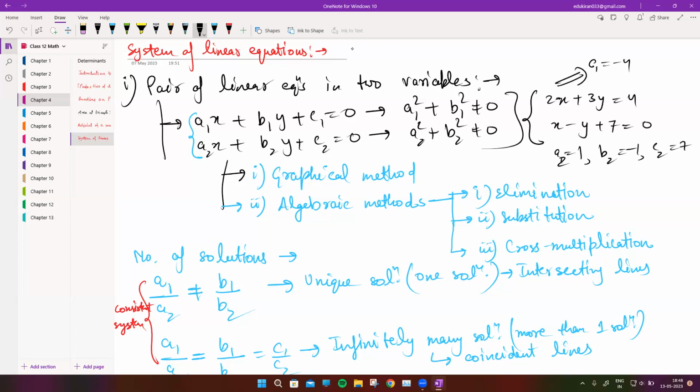You can answer in the chat: what happens if I have two variables and three equations? I want to know the relationship between variables and number of equations. So if the number of variables and number of equations are the same, they can be solved easily, right?